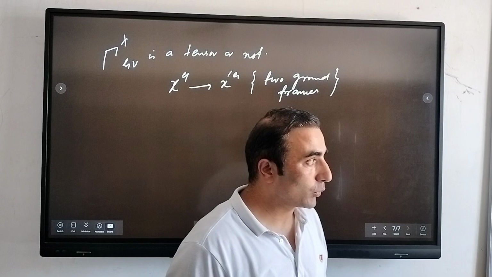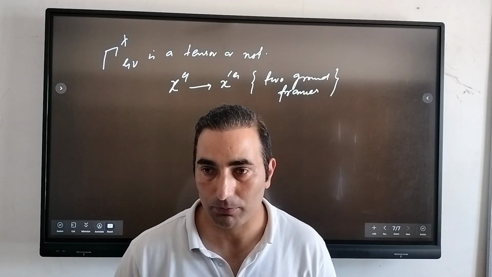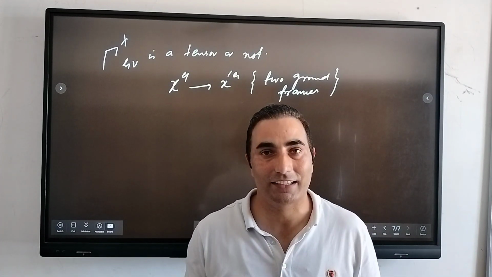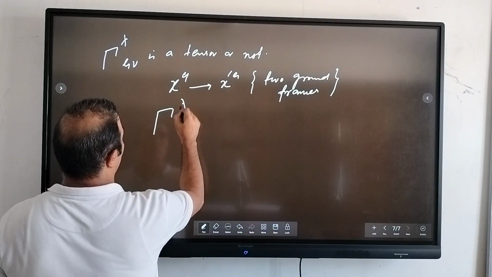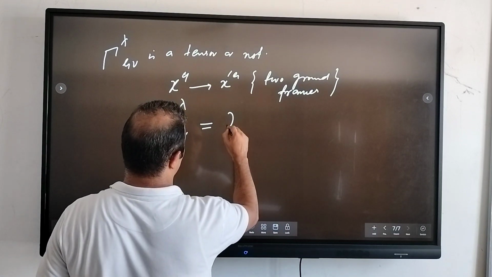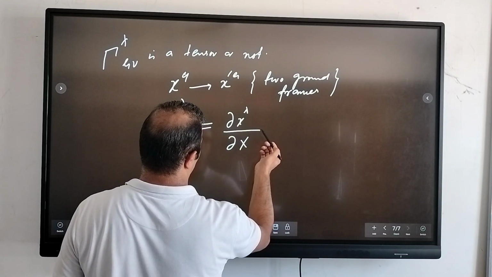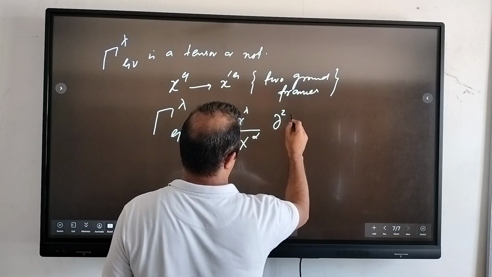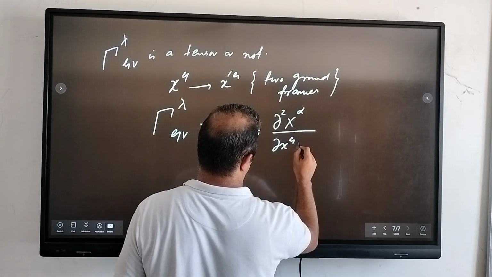Now we have to see, as we are going from some frame x mu to some x mu prime, how this affine connection connects these two. We already know that if we write the affine connection for some coordinates lambda mu, it is basically given by partial x lambda, partial x, some alpha here, partial 2x alpha, partial x.